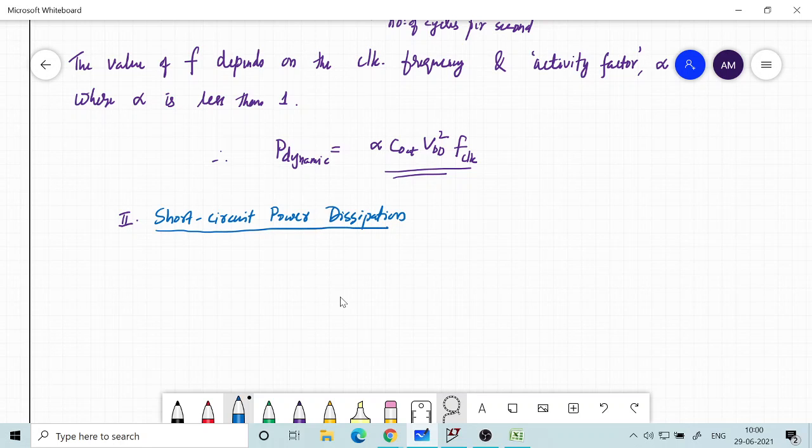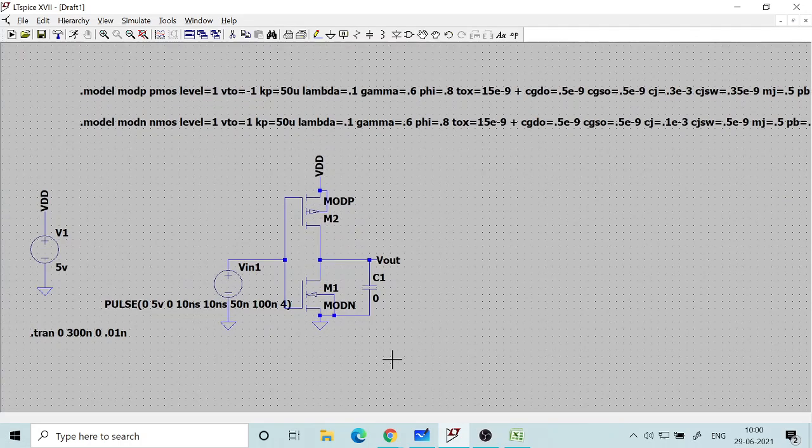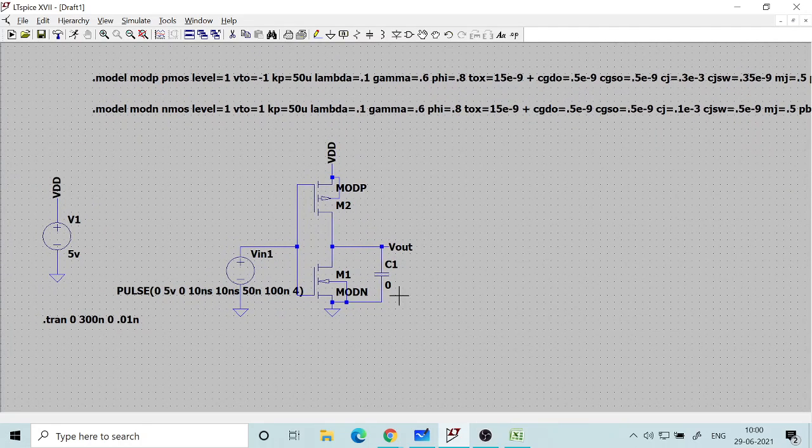this is something that we have seen in the transfer characteristics, but let me show you in a different way. So this is yesterday's circuit. Only thing is that I have put the output capacitor to 0. I can remove it, so let me remove the output capacitor.